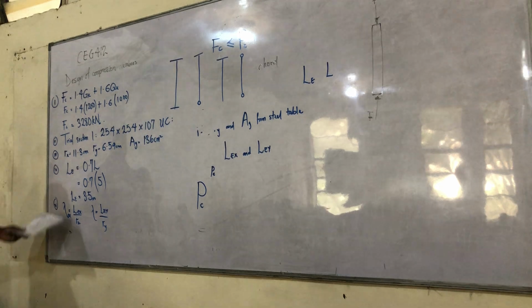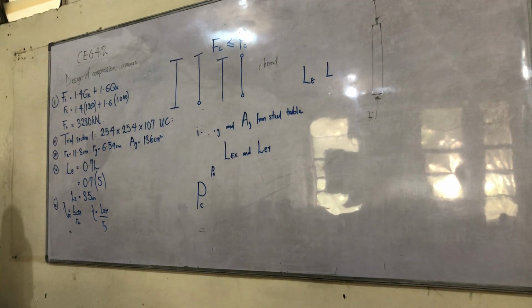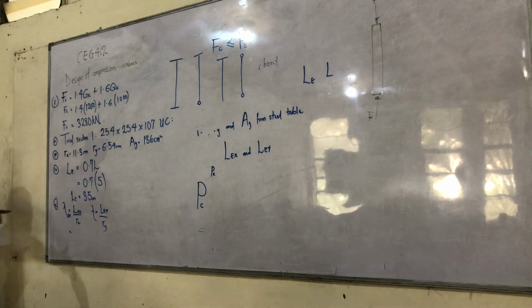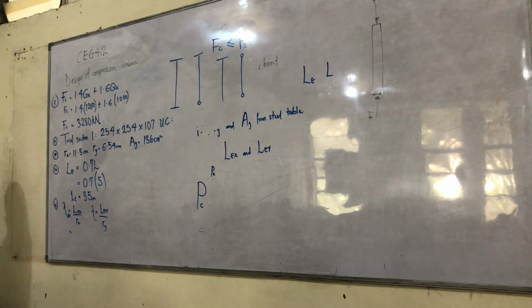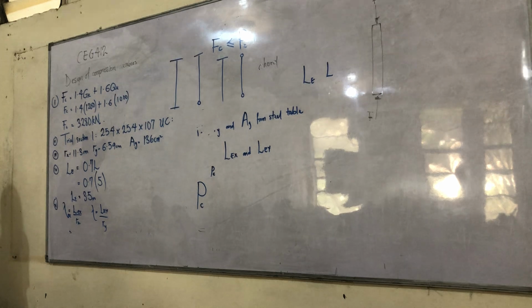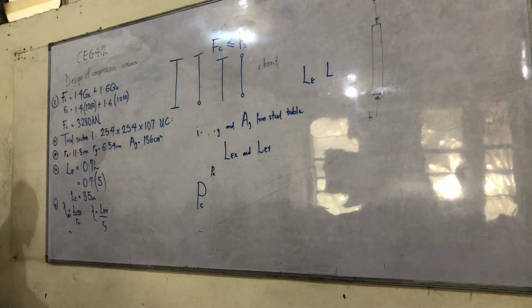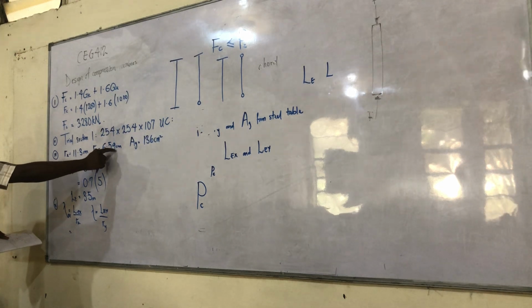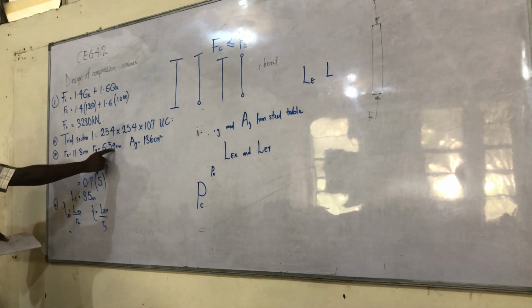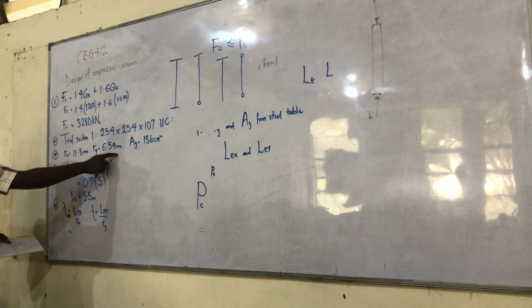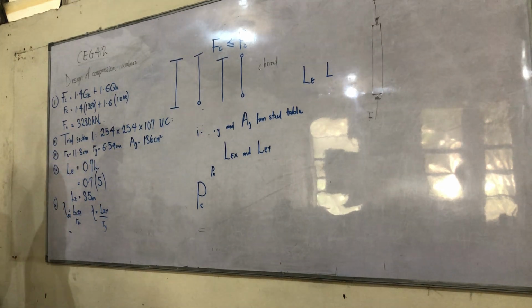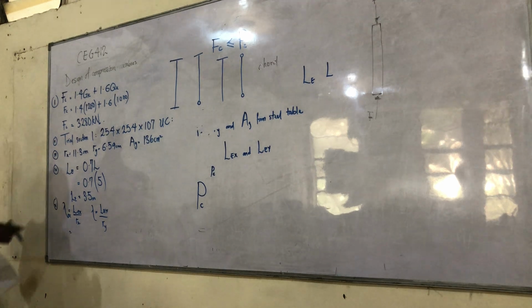And I said our LEX in this question is the same thing as our LE, right? So what's the unit of our R first? Centimeter. Now, we are going to convert it to what? Millimeter. This our LE, we'll convert it to millimeter.